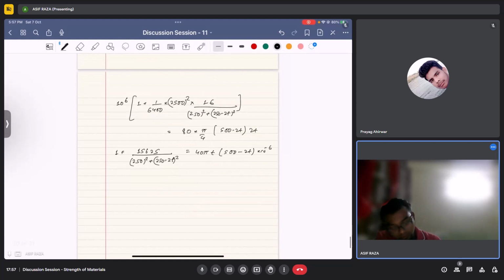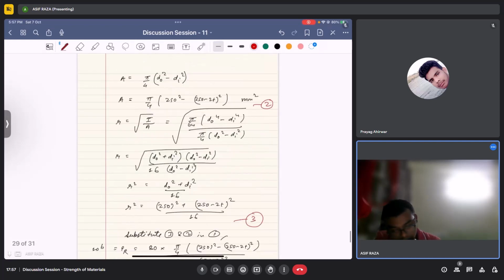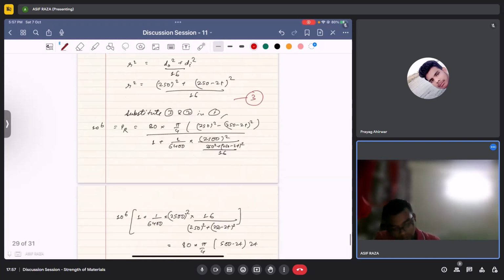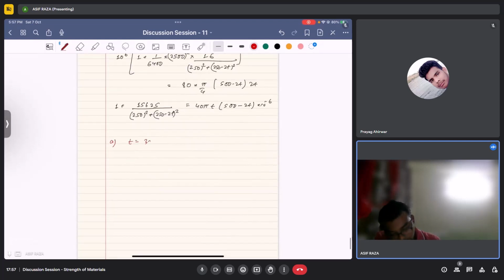The options are t equal to 39.5, 29.5, 19.5 and 9.5. So let's do the substitution and check.